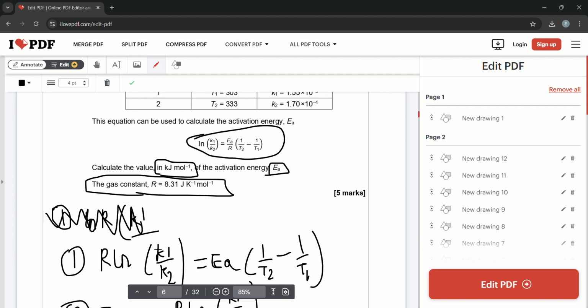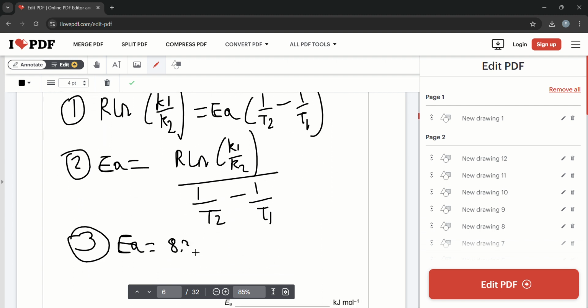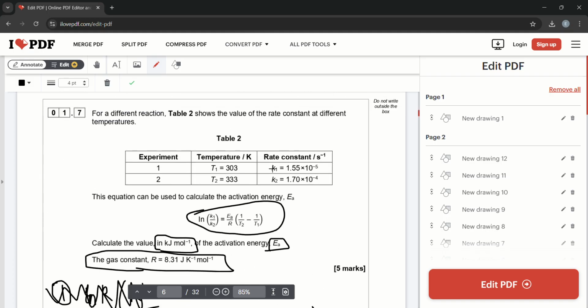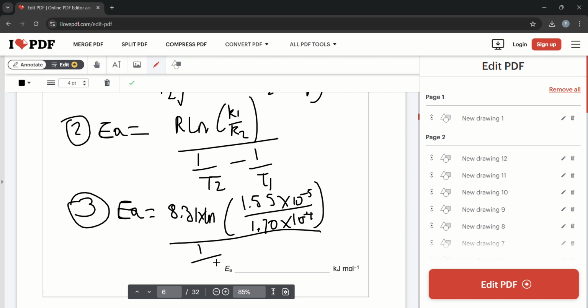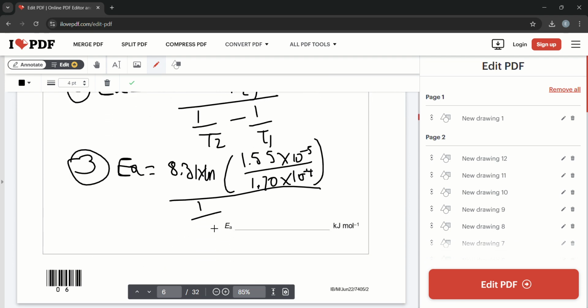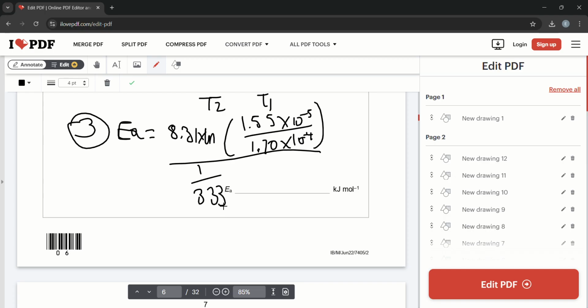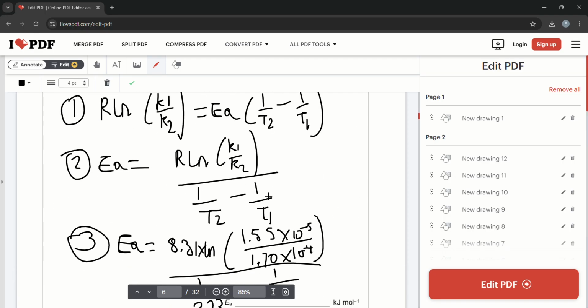Now show the substitution of the values. So it's going to be R, which is 8.31, ln K1, which is 1.55 times 10 to the power minus 5, and K2, which is 1.70 times 10 to the power minus 4, divided by 1 over T2, 1 over 333 in Kelvin, minus 1 over 303 in Kelvin.